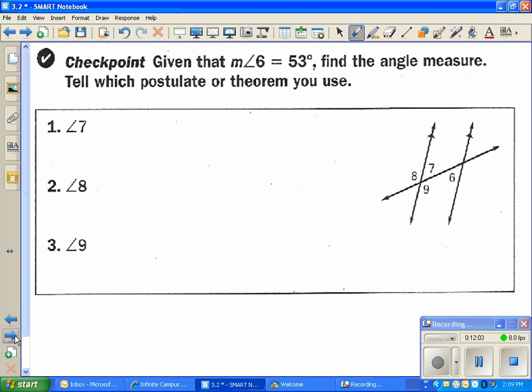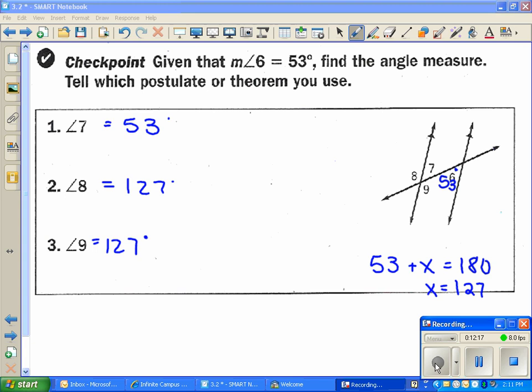All right, so let's try this. All I'm given is that the measure of angle 6 is 53 degrees. I want you to tell me what the other angles are. So right there, angle 6 is 53 degrees. I've got to find the other three. Okay, so why did you say 8 was going to be the same as 9? What kind of angles are 8 and 9?